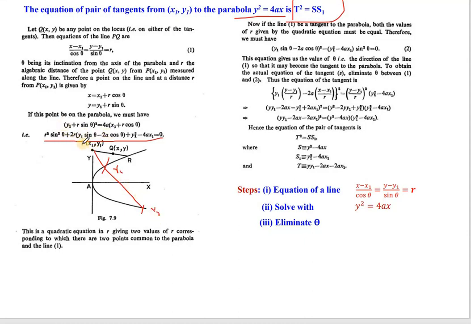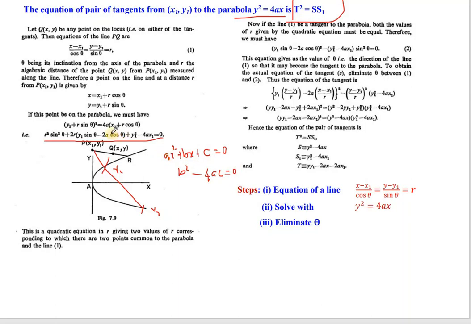So for the roots to be equal, we know that the discriminant is 0. That is, for any quadratic equation of the form ax square plus bx plus c equal to 0, for this equation to have equal roots, we know that b square minus 4ac is 0.